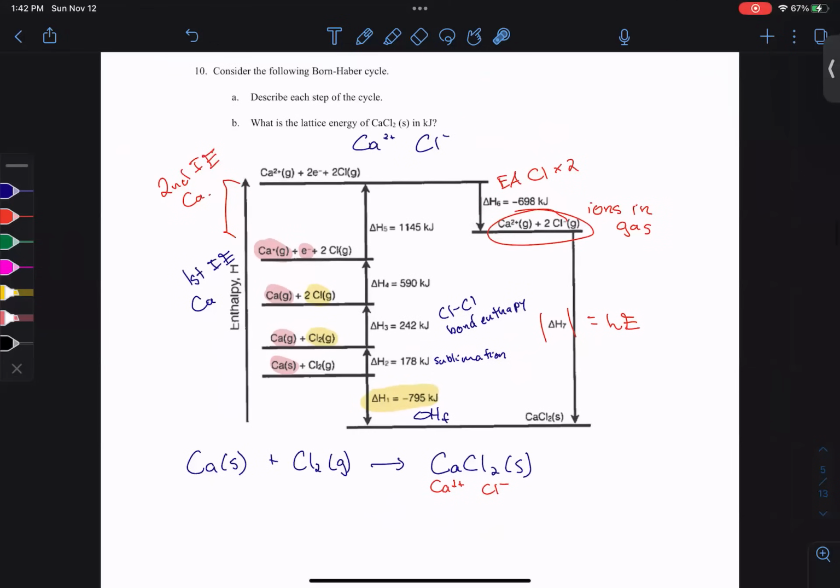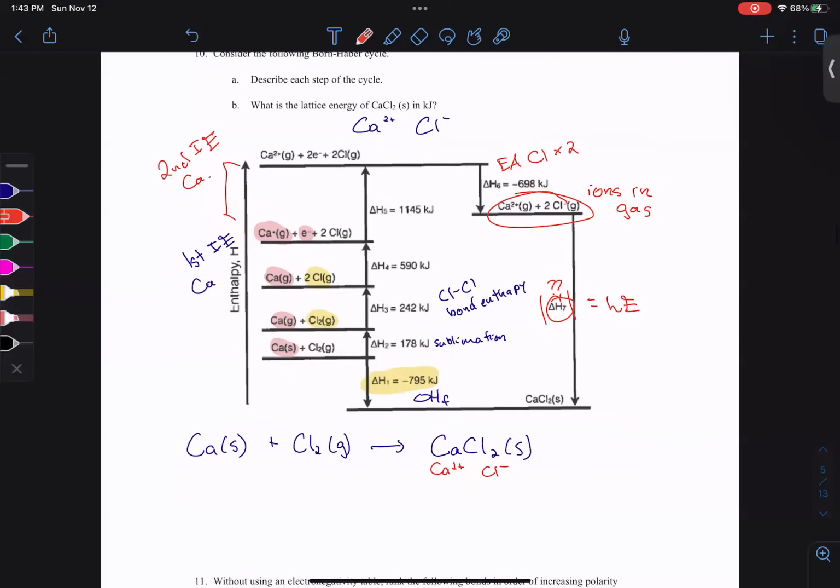So now the last question is, what is the lattice energy of calcium chloride in kilojoules? I give you all of the energies for each step, but what I didn't give you is the value for that last step, delta H7 in this case.